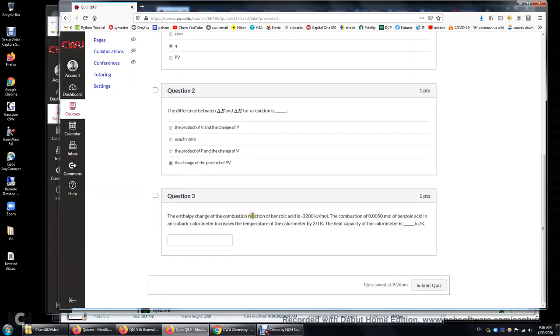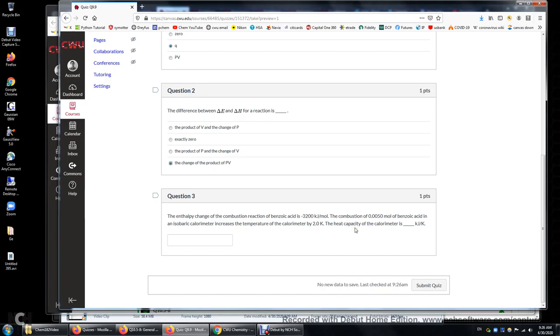The enthalpy change of the combustion is this much. Again, it's a negative number because combustion reactions release heat. The chemical loses energy. And we have the number of moles here, and we have the temperature change here. What's the heat capacity?